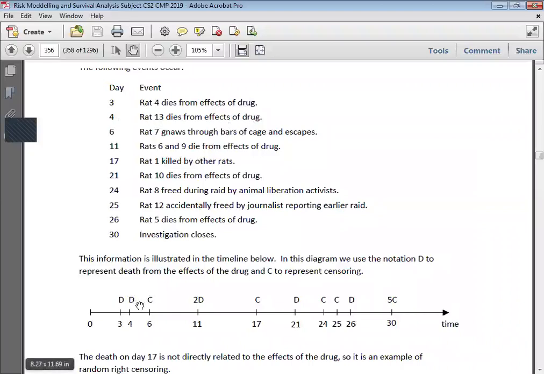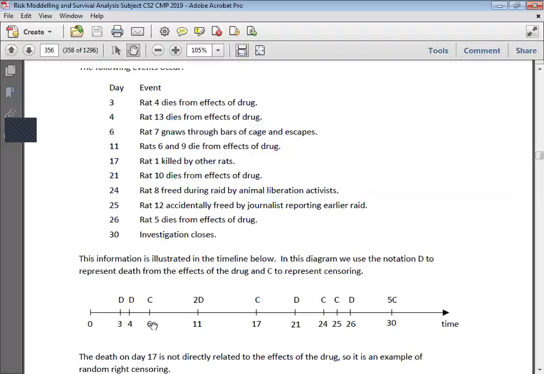Here a rat escapes: rat 7 has escaped the lab. Now we don't know if this rat died or what happened to it due to the drug. So the thing we write here is C for censored. When I write C, I mean that this particular rat was censored.